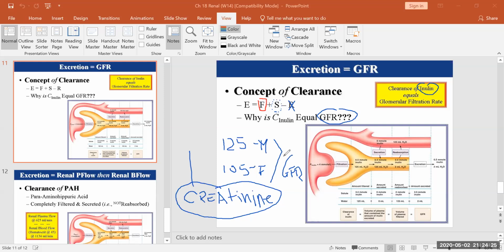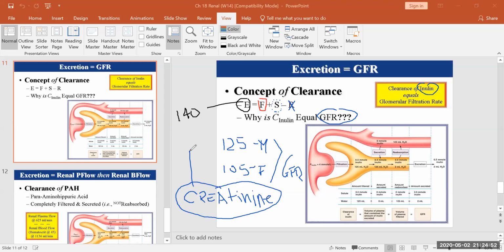So when we get the value here for E, it's around 140. So we know that it's not perfectly the true value of GFR. It gives us a ballpark estimate.